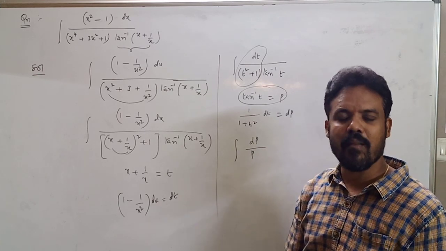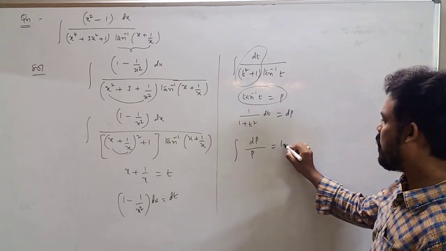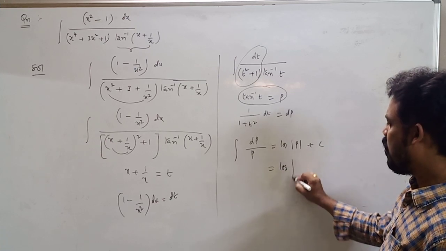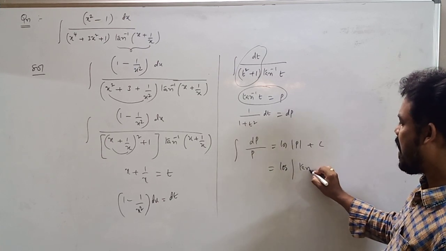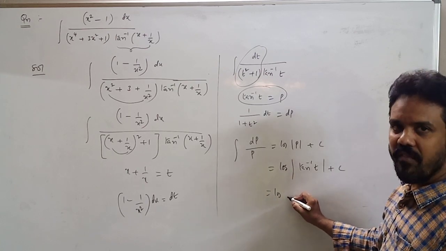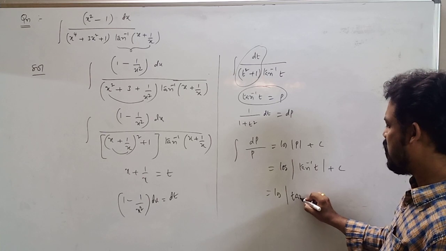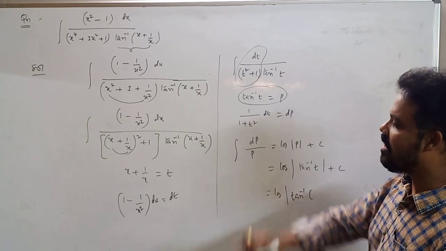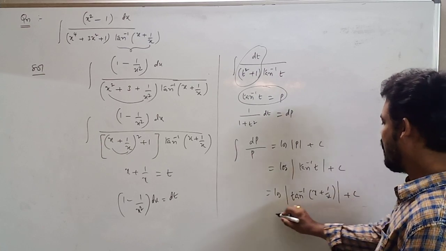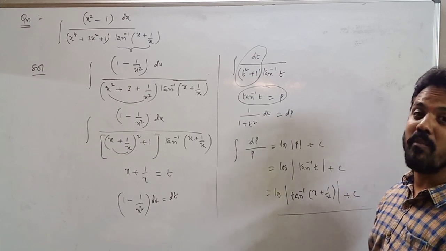What is the integral of 1 by p dp? Log mod p plus c. That means log mod of tan inverse of t plus c. Of course, we assumed t and p, so it is our responsibility to remove those terms. What is t? x plus 1 by x. The answer is log mod tan inverse of (x plus 1 by x) plus c.